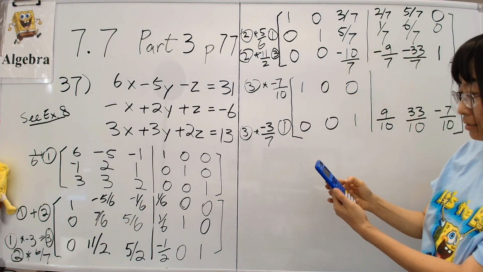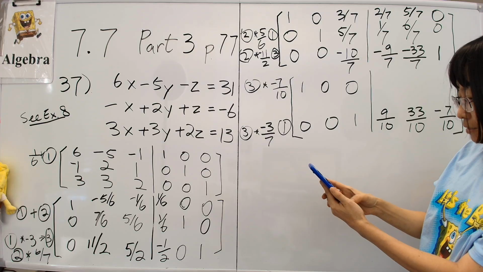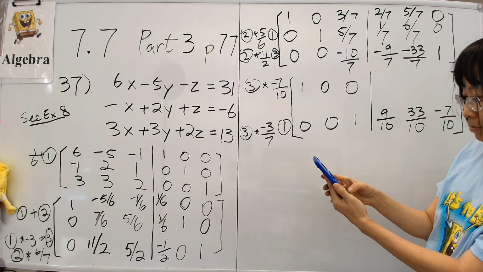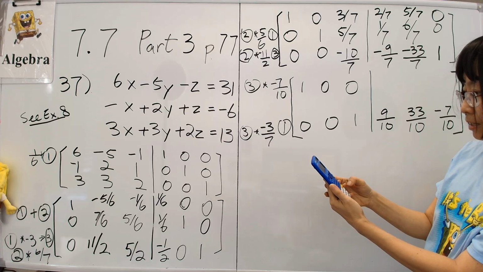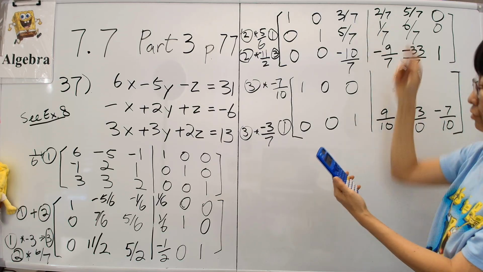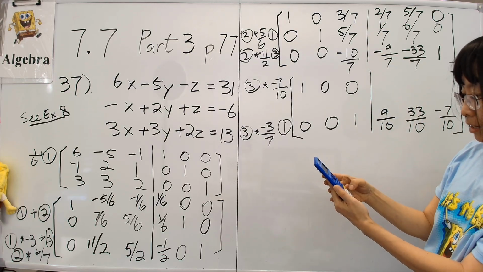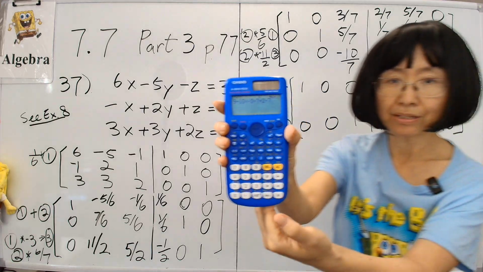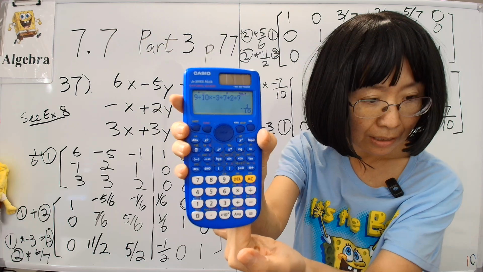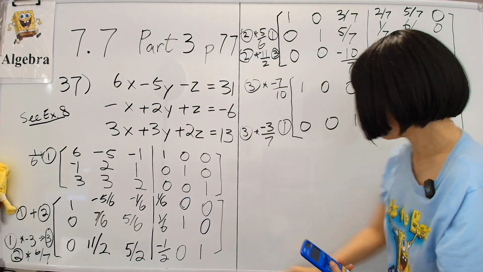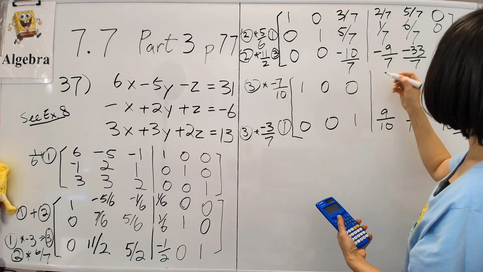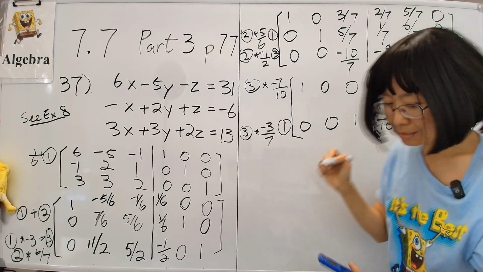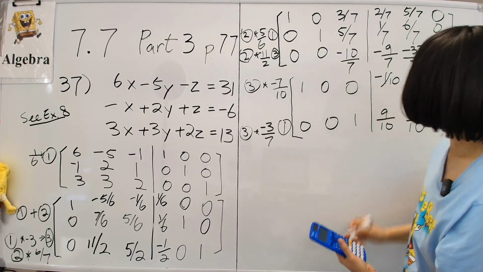So 9 divided by 10 times negative 3/7, plus 2 divided by 7. That equals minus 1/10. So I'll write down here minus 1/10. Okay, that looks good.